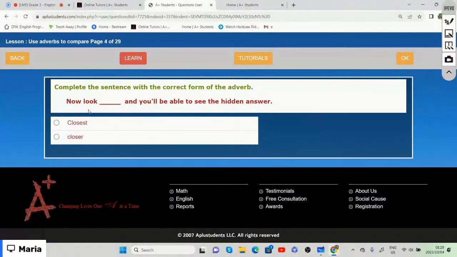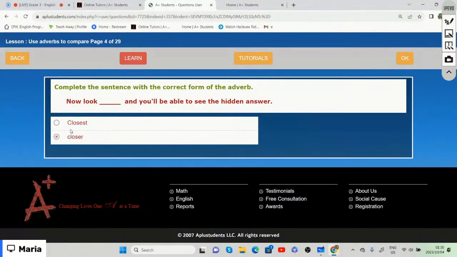Now look, and you'll be able to see the hidden answer. Do we say now look closest and you'll be able to see the hidden answer, or now look closer and you'll be able to see the hidden answer? All right, so we can say closer.